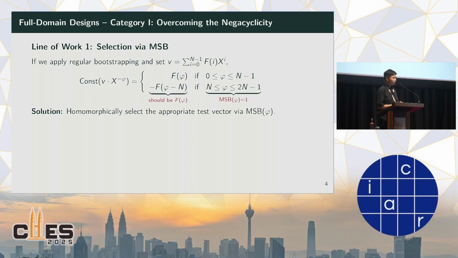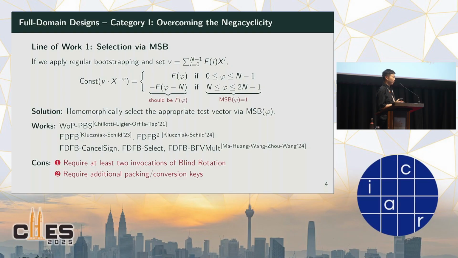The corresponding solution is that we can homomorphically select the appropriate test vector via the MSB of phi. Many works follow this idea, but all of them require at least two invocations of blind rotation, and they require additional packing conversion keys, the key switching key.